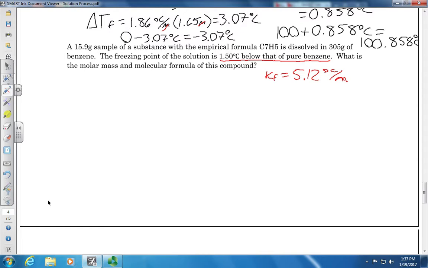Knowing that, we can then solve for the molality relatively simply.